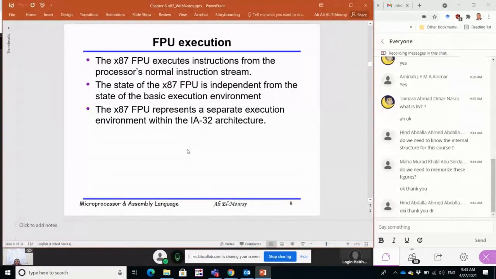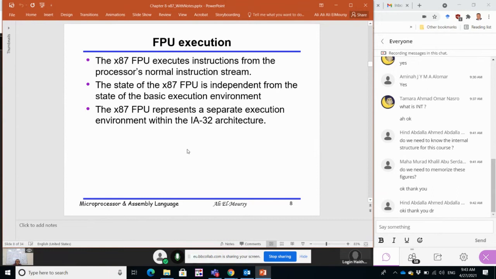The 8087 execution flow is, as we indicated, that it takes its orders for execution from the 8086. The 8086 is not doing a full decoding of the instructions.